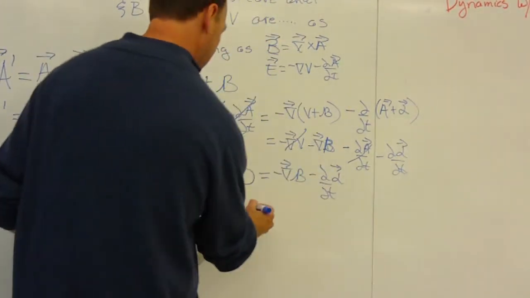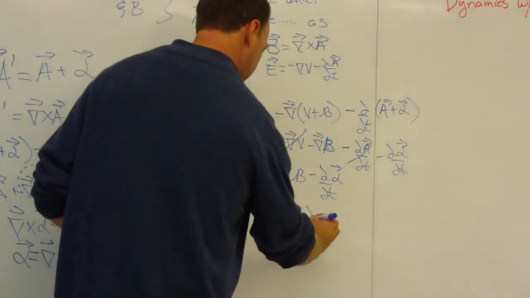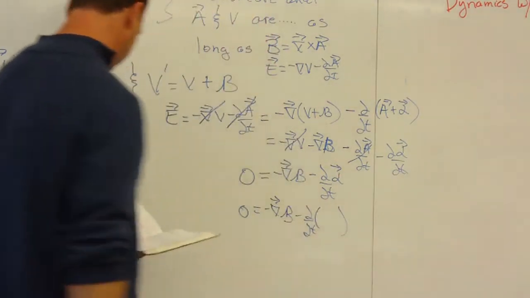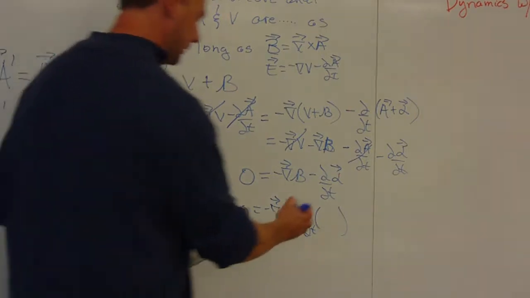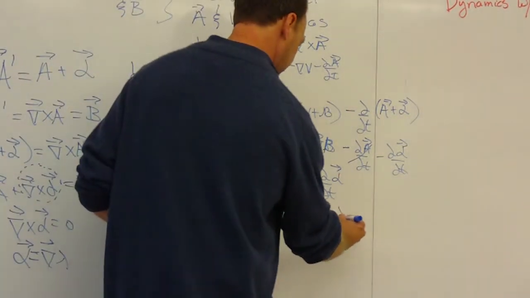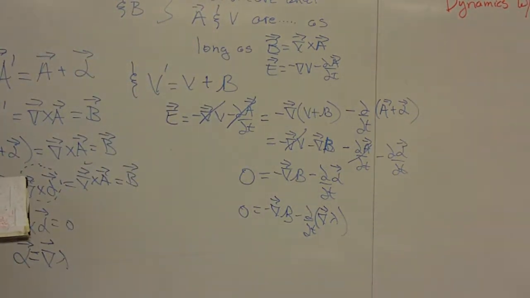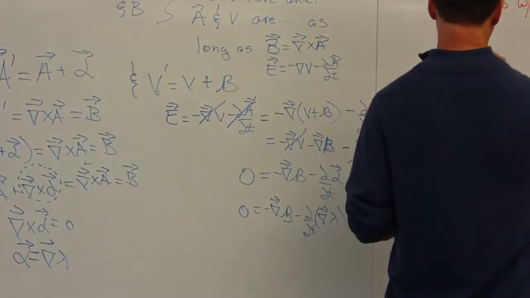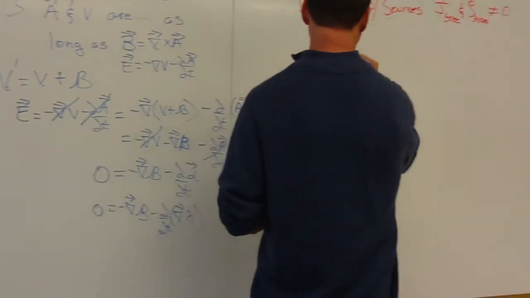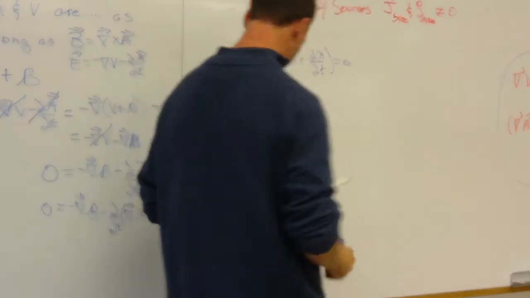So 0 equals minus the gradient of beta minus the partial with respect to t of the gradient of the scalar, and that scalar is lambda. Then you can factor the grad out. So over here you end up with the gradient of beta plus the partial of lambda over t equals 0.